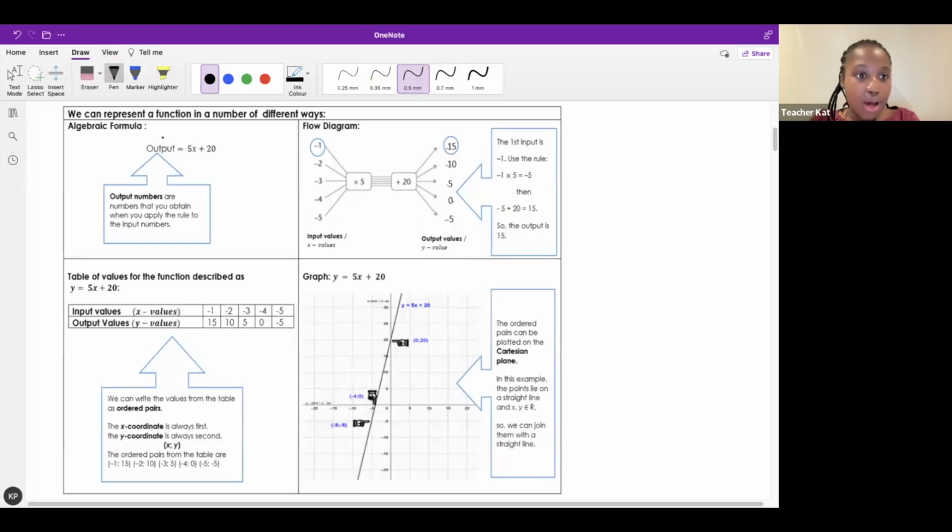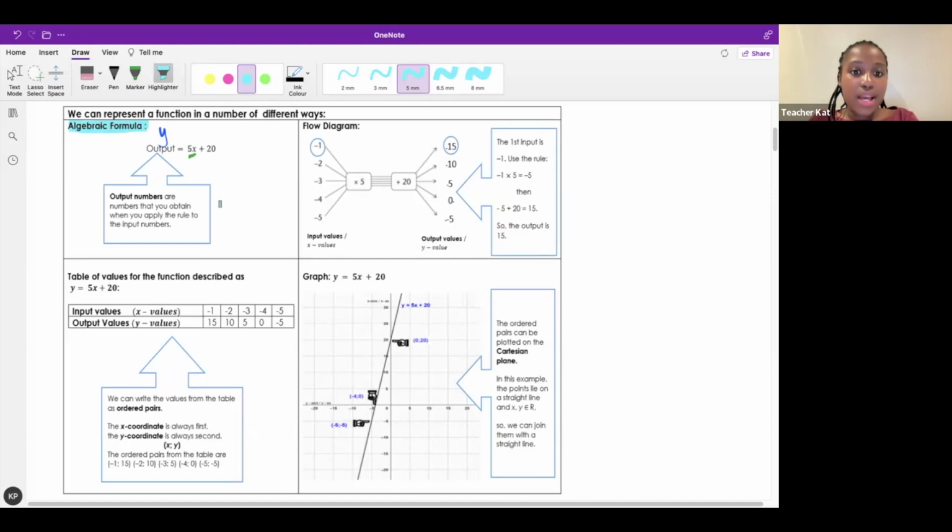The output, which we usually represent using a y, is equal to something x plus something. In this specific case, y is equal to 5x plus 20, which means we will multiply by 5, because 5x means 5 times x, and then add 20. So my first form of representation is the algebraic formula.